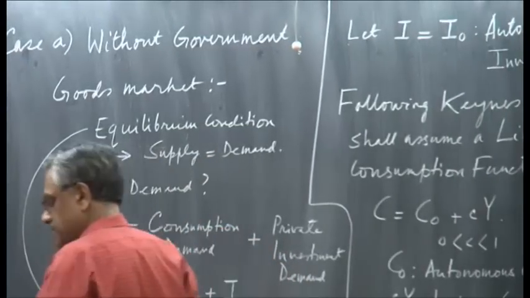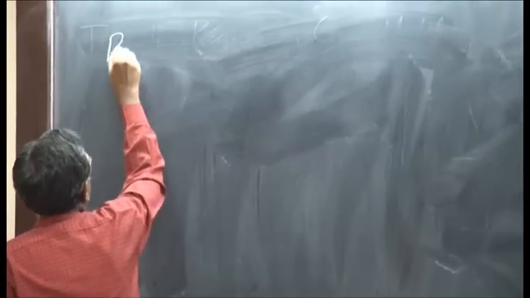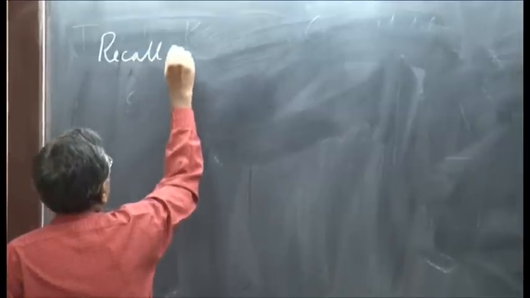All right. Okay. Now you may ask me, sir, if that is true, in the background there is a savings function. So I use the income identity to know the savings function. So recall the income identity.